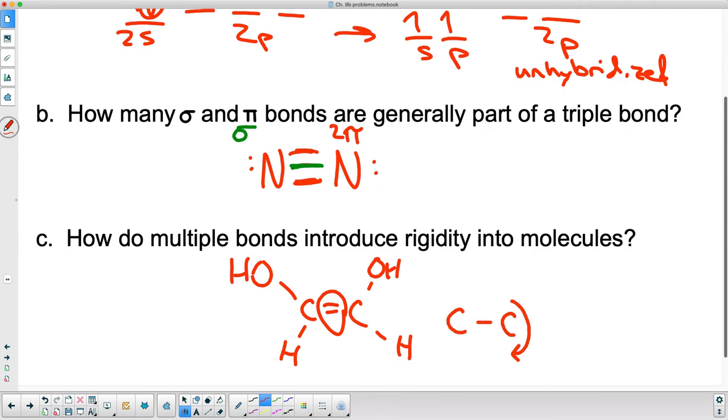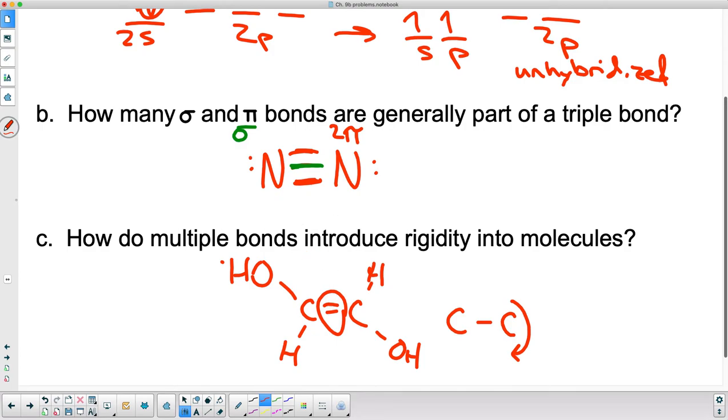It's difficult to explain without showing you an actual model, because this all happens in 3D. If I have a double bond here, the OH on top here and the OH on top here are locked into position, and this is called cis, where they are across from each other. If I have them diagonal, that's called trans.